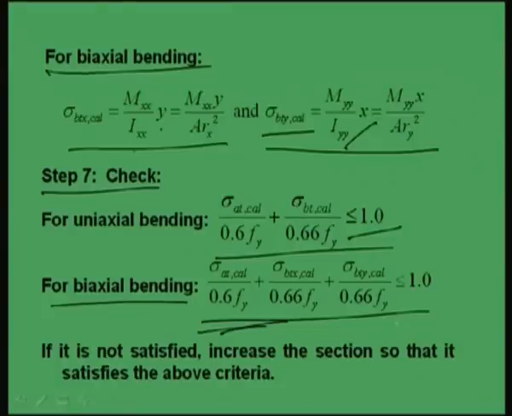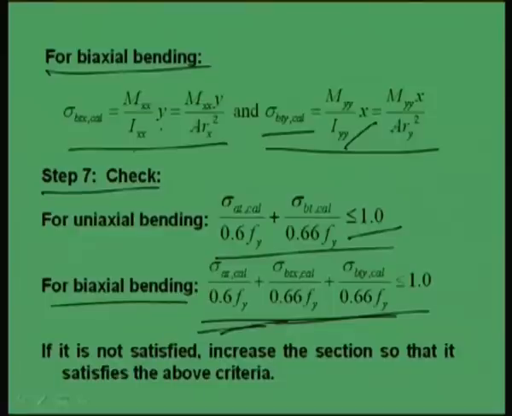Now at the starting point, what section we will consider depends on the experience of the designer. Suppose after calculating, this value is coming, say 0.4, that means it is much less than 1.0. In this case we can reduce the section size and check again in a similar way, because it has to become closer to 1 to get an economic design.